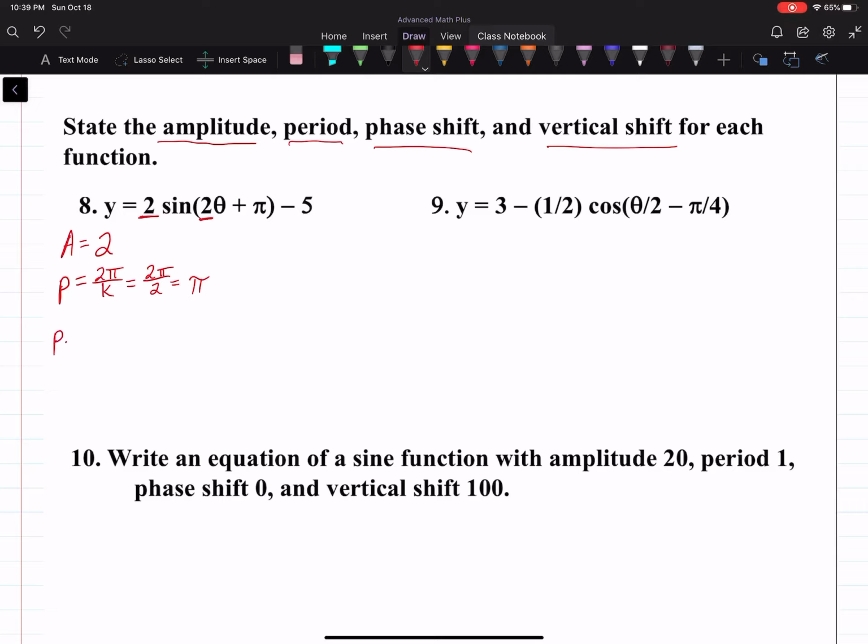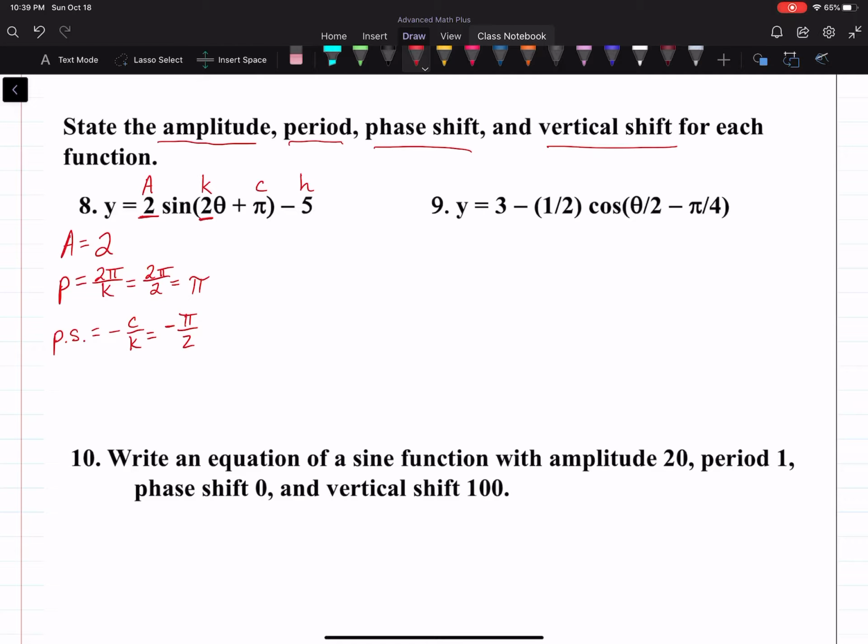Your phase shift, like we said, is negative c over k. So c for this problem, here, let me just write them above it. There's A, there is k, there's c, and there's h. So phase shift will be negative pi, which is c, over k, which is 2.